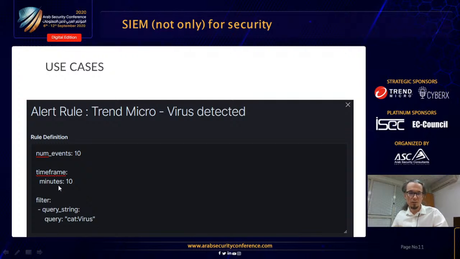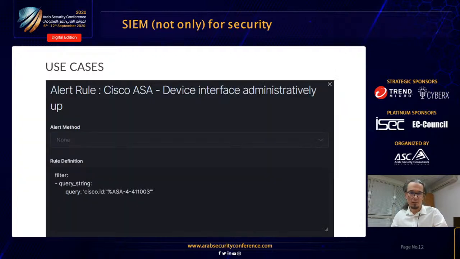We are looking in a time frame of 10 minutes, and the minimum number of events has to be at least 10. So if those conditions are met, this will trigger the alert with a notification that something is wrong, and Trend Micro has discovered it.